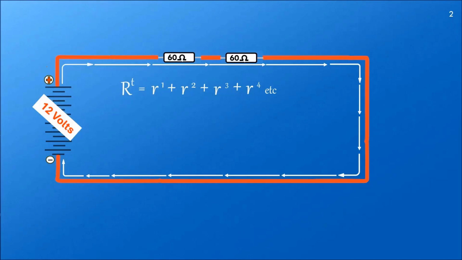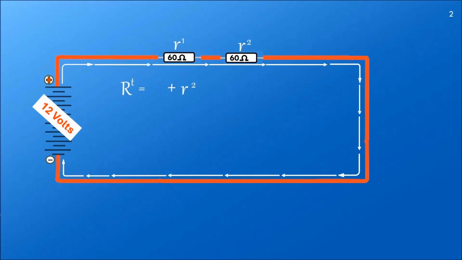There are only two resistors in this circuit, so let's reduce the formula. There. Now we need to label these resistors. This is R1 and this R2. We can see that R1 is 60 ohms, so let's put that number into the formula.